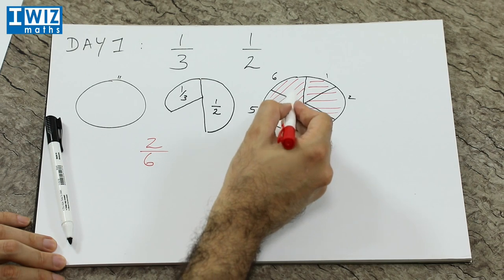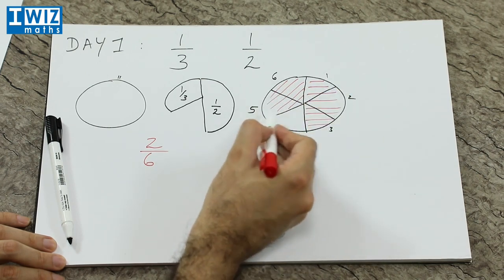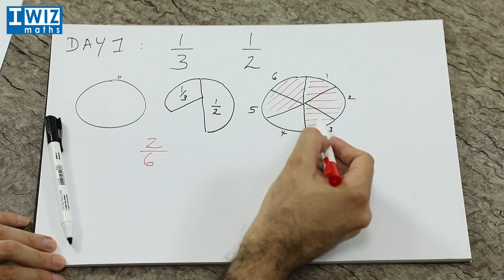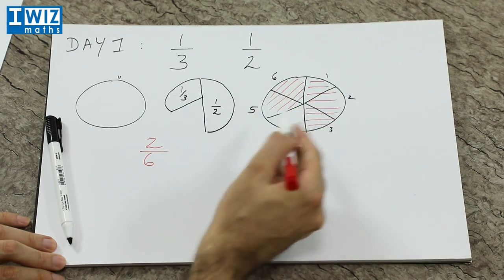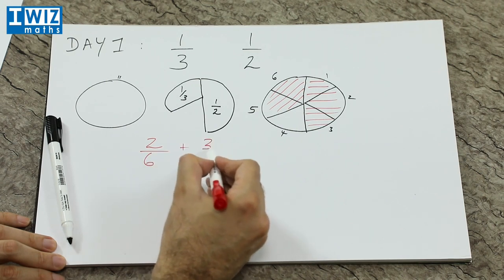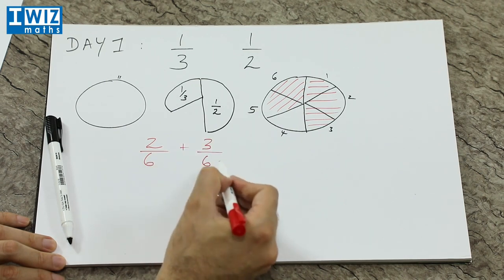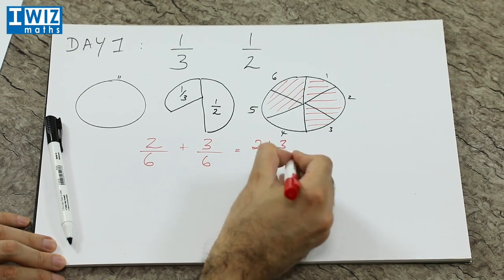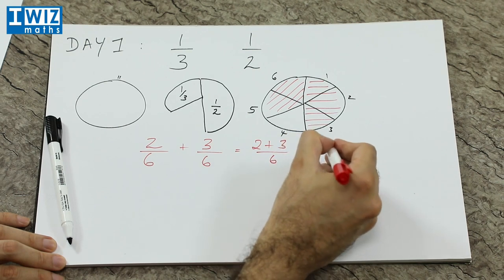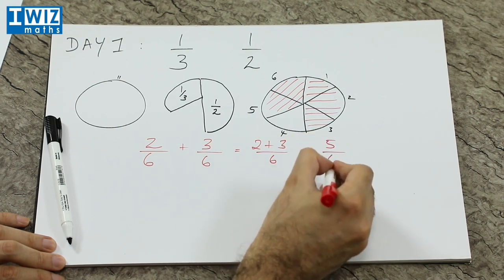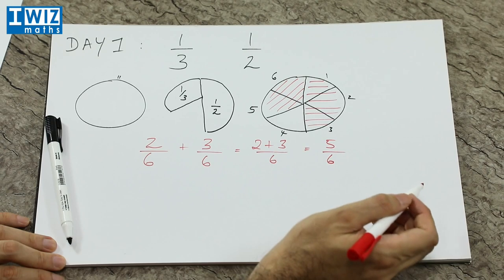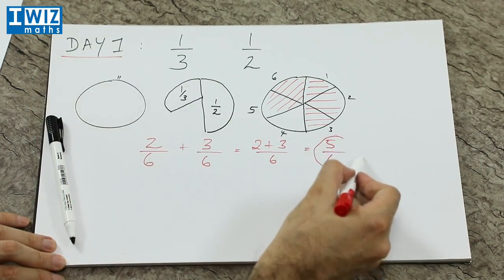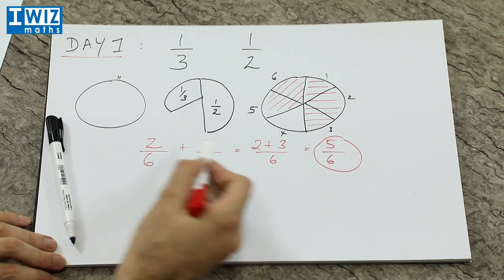And this shaded region here is 1, 2, 3 of the total 6 pieces, so that is 3 divided by 6. So that is just 2 plus 3 divided by 6, which is 5 divided by 6. So on day one, I have eaten 5/6 of the whole apple.